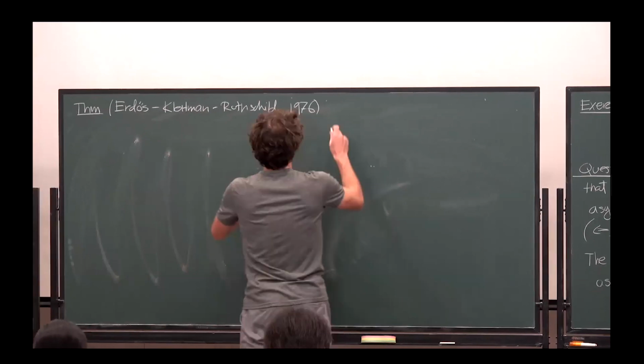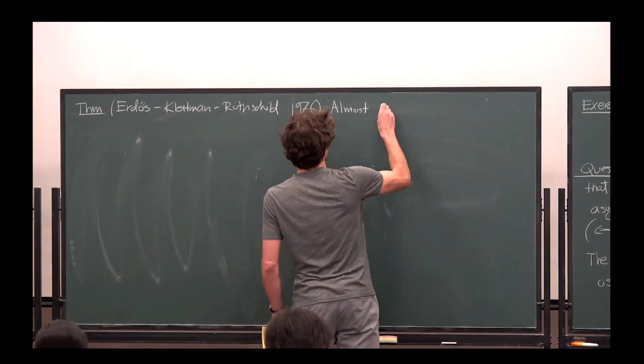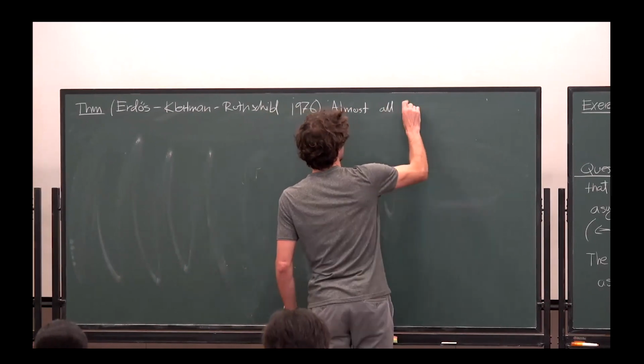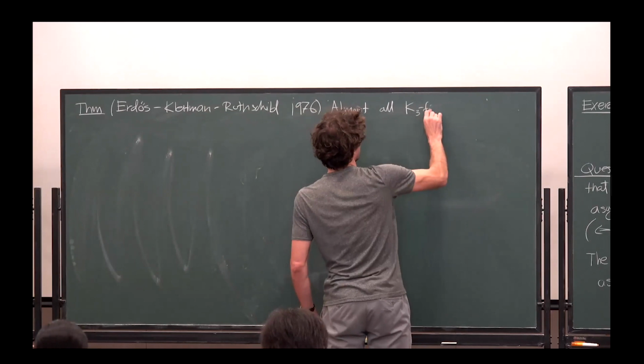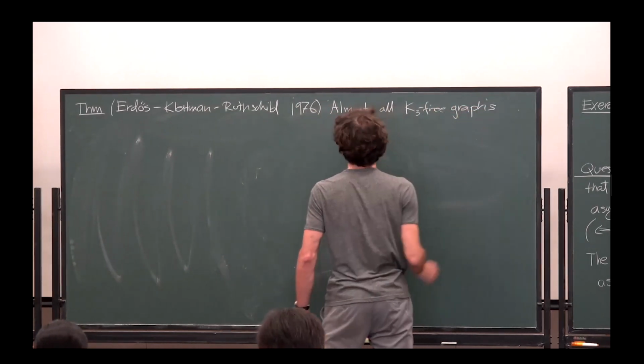The theorem from 1976 states that almost all triangle-free graphs are bipartite.